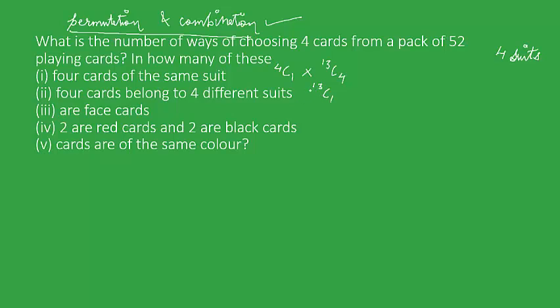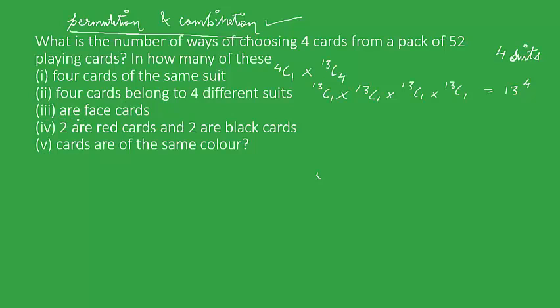We have to choose a card from the 13 heart cards, so we have 13C1, and similarly from the other remaining suits we have 13C1, 13C1 and 13C1. The answer is 13C1 into 13C1 into 13C1 into 13C1, that is 13 to the power 4.